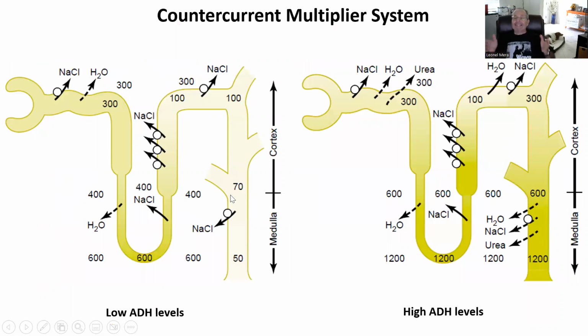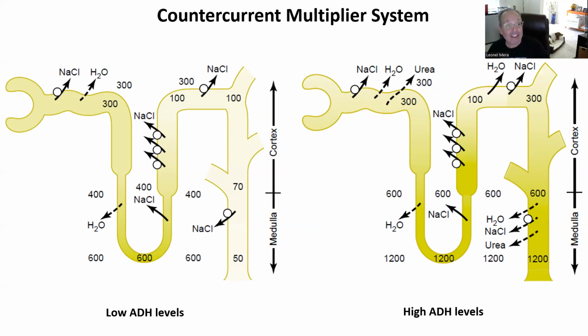Now, what is the important function of the countercurrent multiplier, and what sets the difference between dilute urine versus very concentrated urine? If the body has an excess of water, the person is hydrated, is not thirsty, the hypothalamus is not going to produce antidiuretic hormone or vasopressin, ADH.